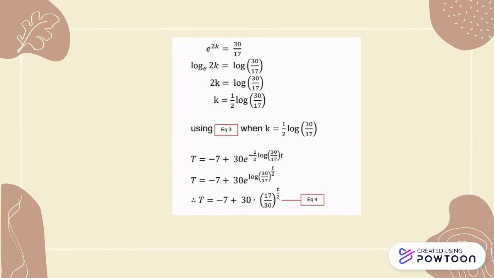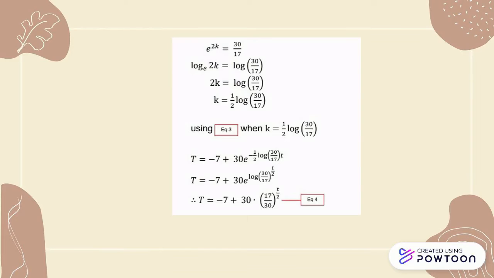And then we take log on both sides, and we will get k = (1/2) log(30/17).